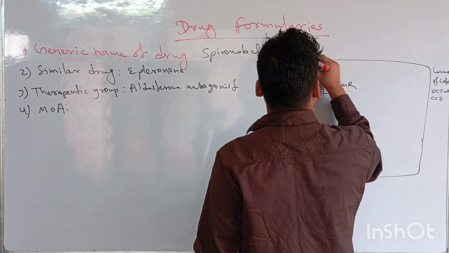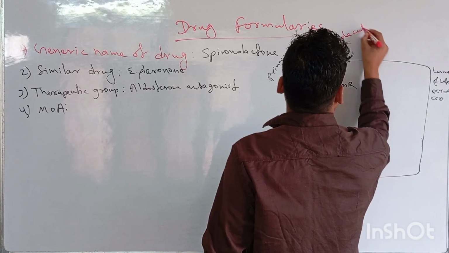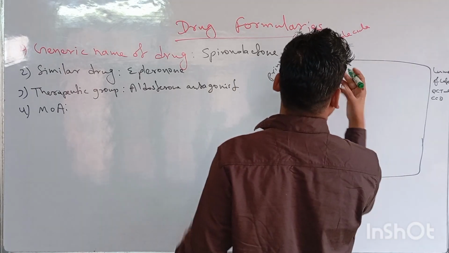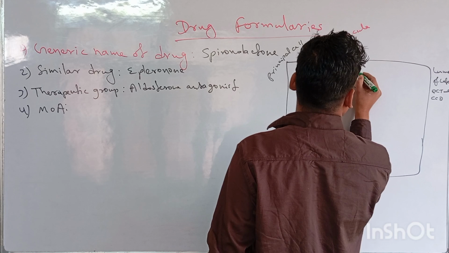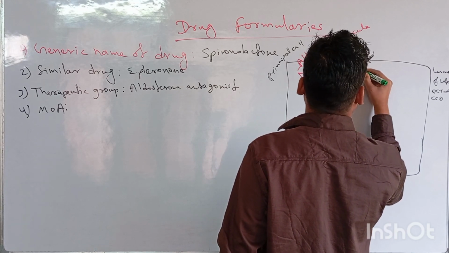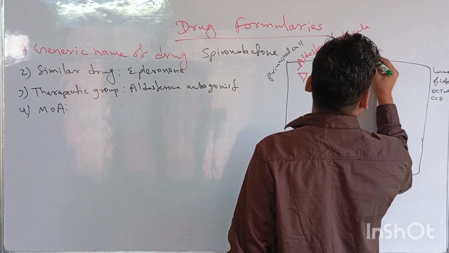This is the aldosterone molecule, and here will be a similar type of molecule, let's say eplerenone or spironolactone.